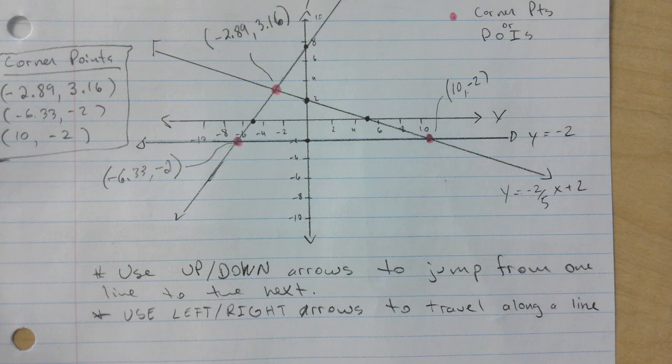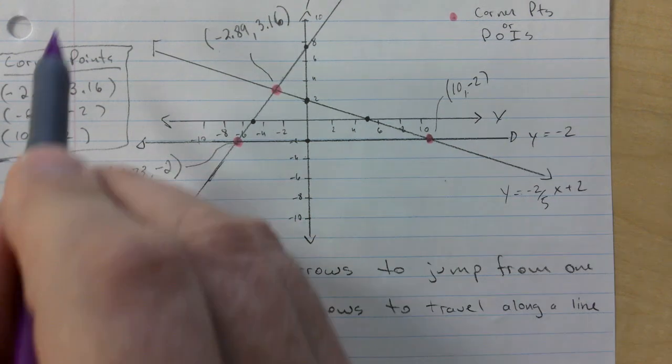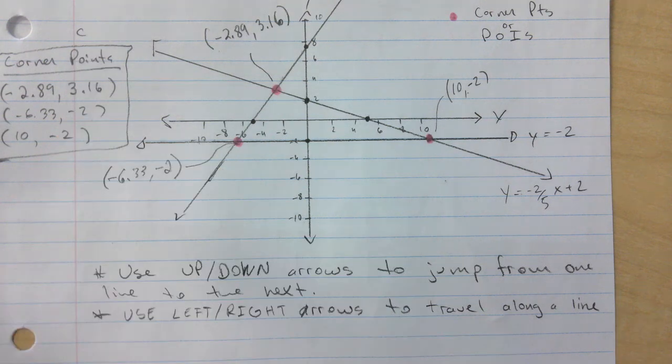So this was C, okay? Was this C? No, this was B. Right?